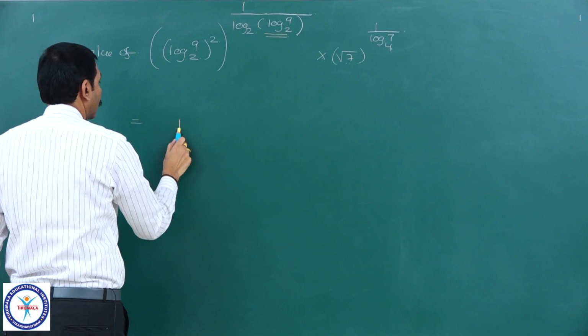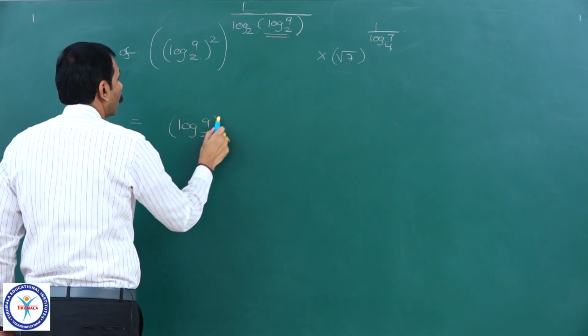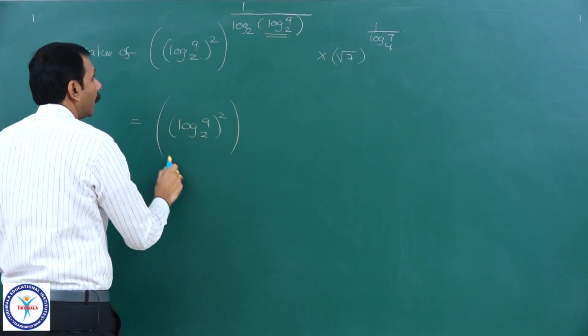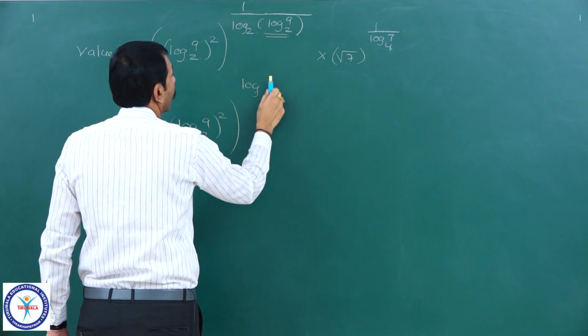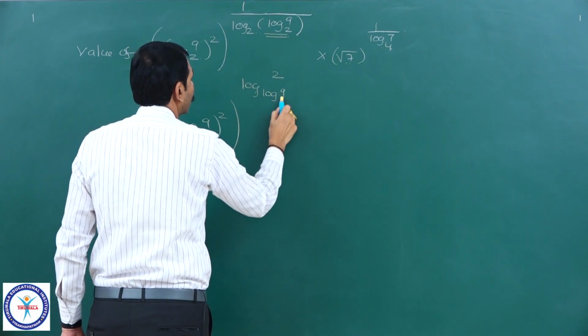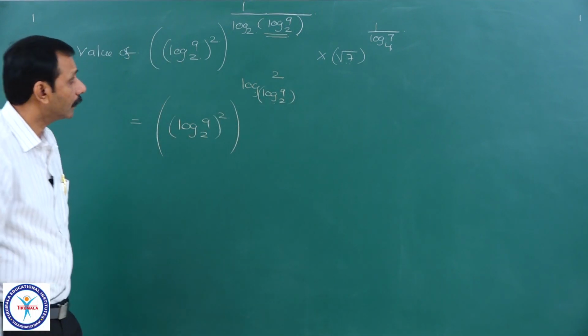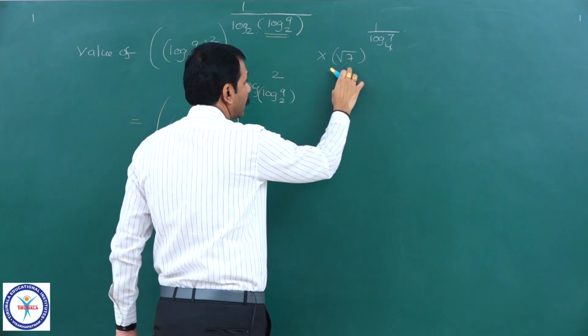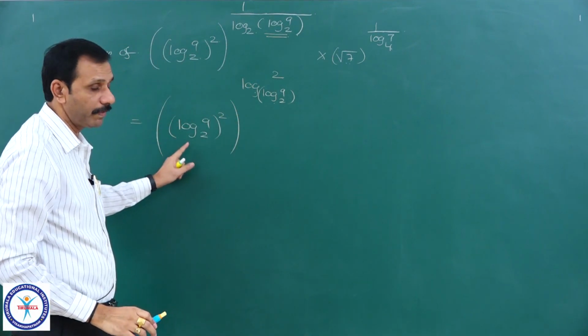It is equal to log 9 to the base 2 whole square, whole power log of 2 to the base log 9 to the base 2. I will do this one after completing the simplification of this one.